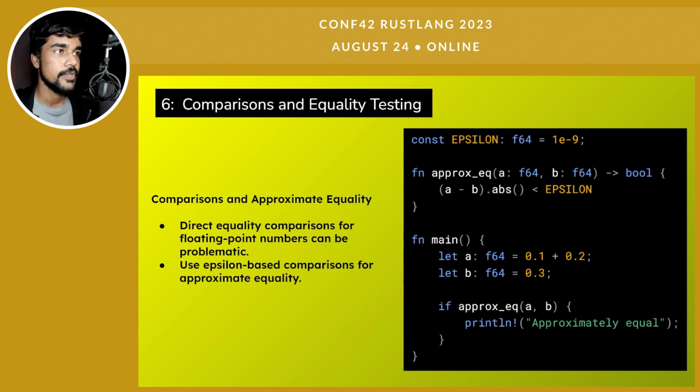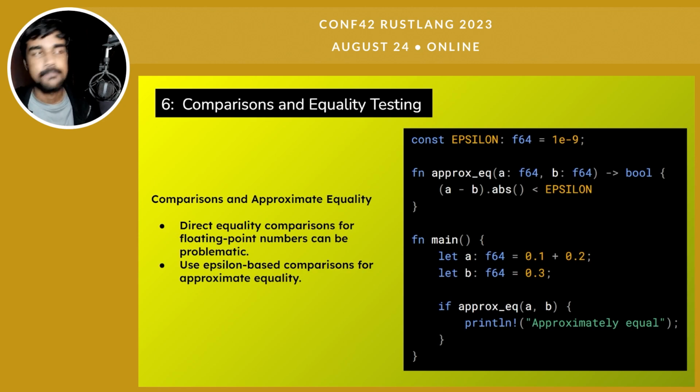But coming to the point, if you want to compare two floating point numbers, it's a better idea to not use direct equality comparison. Instead, you can use epsilon-based comparison for approximate equality.